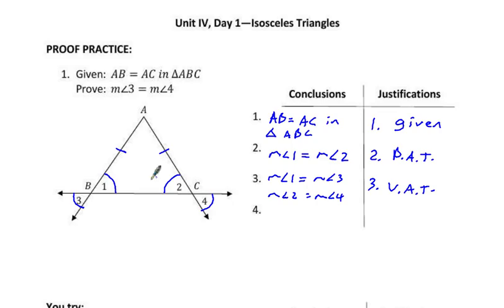At this point, I've shown that all of the angles are congruent, and therefore 3 is congruent to 4, which is what I was trying to prove going through angles 1 and 2.